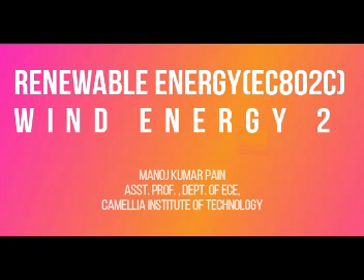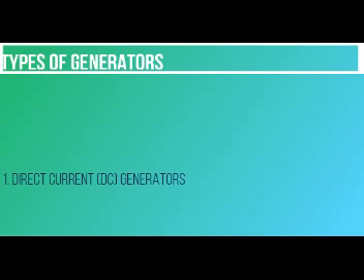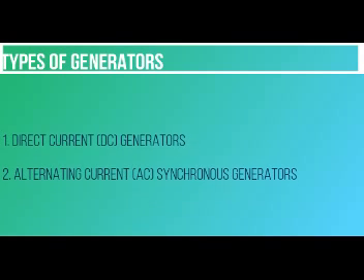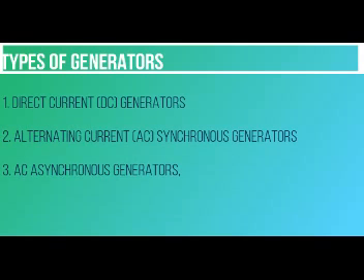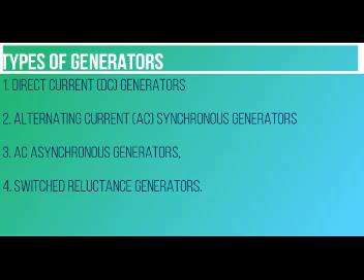Let's start today's session. Today we will begin with the discussion on types of generators used with the wind turbines for producing electricity. There are mainly 4 types of wind turbine generators or WTGs which can be considered for the various wind turbine systems.